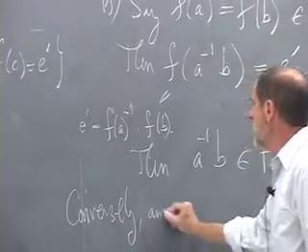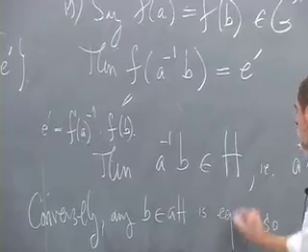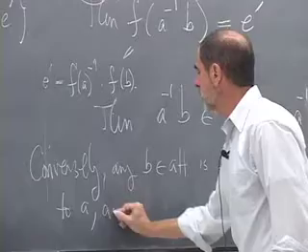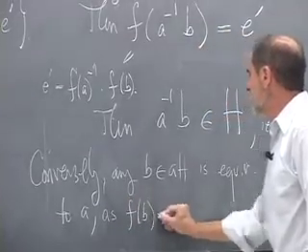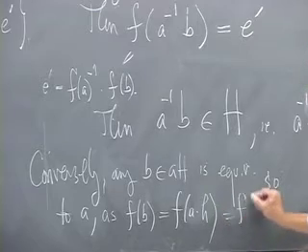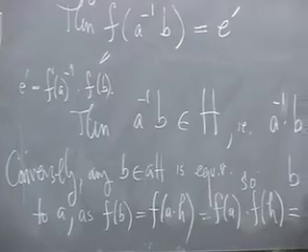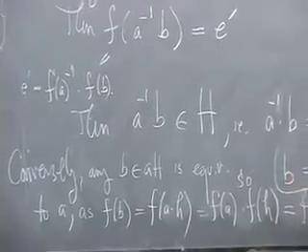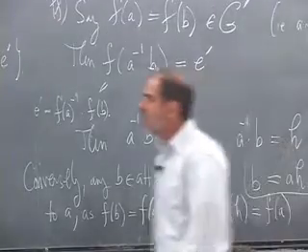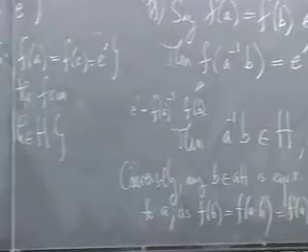Conversely, any b in aH is equivalent to a, as f of b is equal to f of a times some f of h by the homomorphism property, which is f of a because h was in the kernel. So the things equivalent to a are exactly the things in this subset of G.